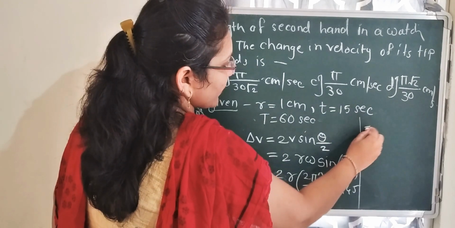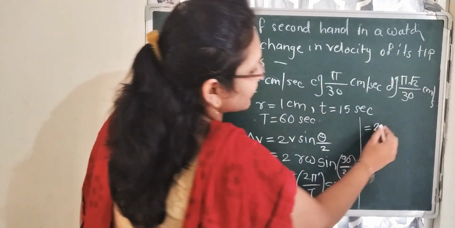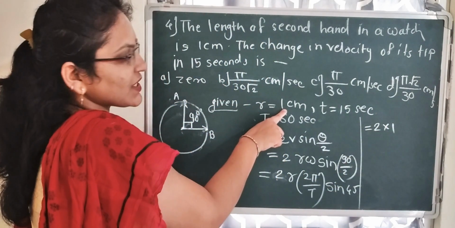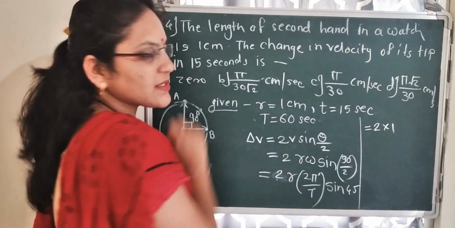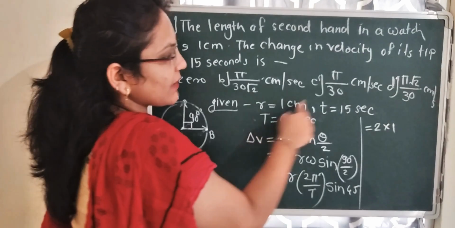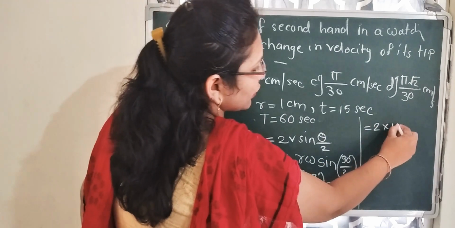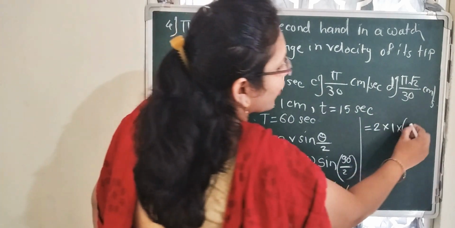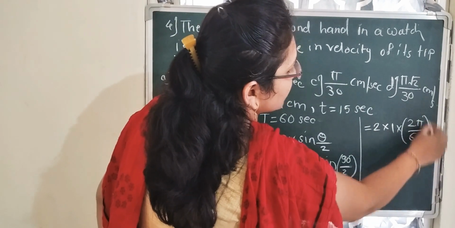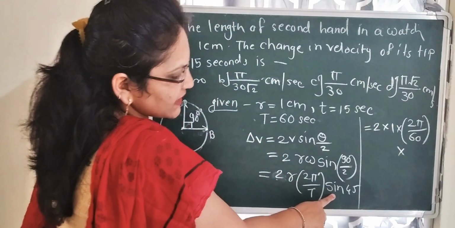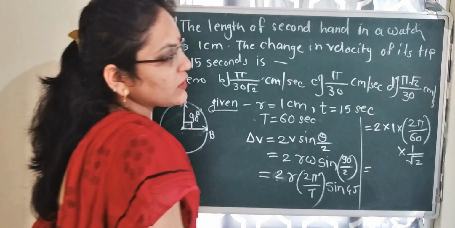Next we get 2 into r, where r is 1 centimeter. We are not changing the unit centimeter because the options are given in centimeter per second. Then 2 into 1 centimeter into, in bracket, 2 pi upon capital T, which is 60, into sin 45, which is 1 upon root 2.